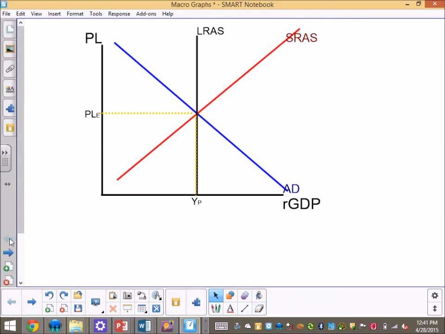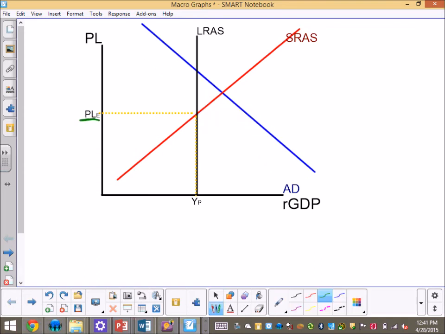let's go back to equilibrium. A positive demand shock causes what to happen to the price level? It moves the price level up. And what does it do to unemployment? Well, if GDP has increased, we know that unemployment would decrease, right? So, higher prices, higher inflation, here, lower unemployment.